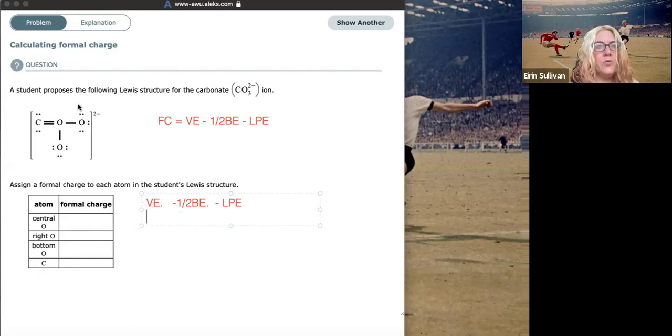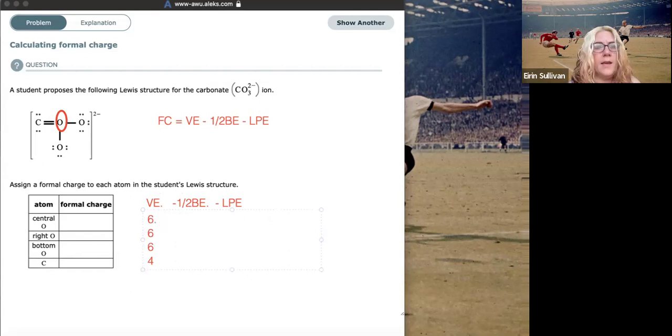Okay, so for the central oxygen then, just to draw your eye to it, the central oxygen is this one right here. So oxygen always has 6 valence electrons. And in fact, while we're here, why don't we just go ahead and fill that out for all the oxygens, right? Carbon always has 4 valence electrons, right? Come back to you in a minute, carbon.